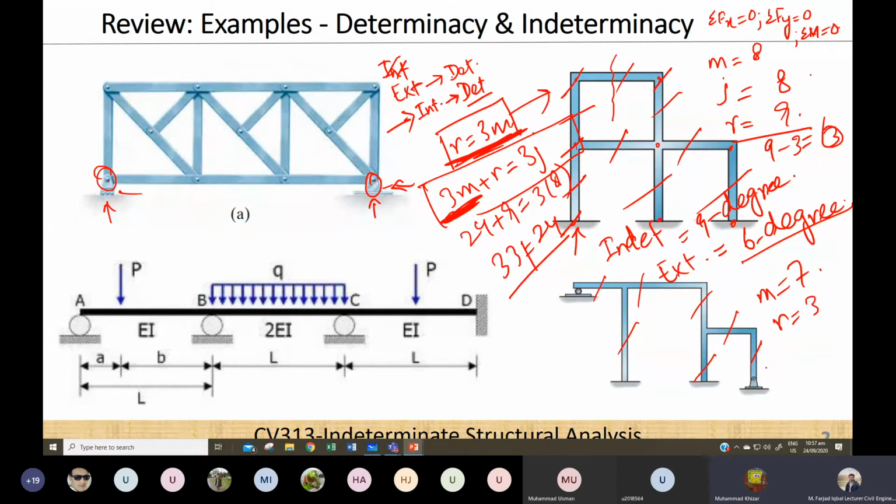How many reactions? 9 reactions. And how many joints? 1, 2, 3, 4, 5, 6, 7, 8. Right? So is it determinate?